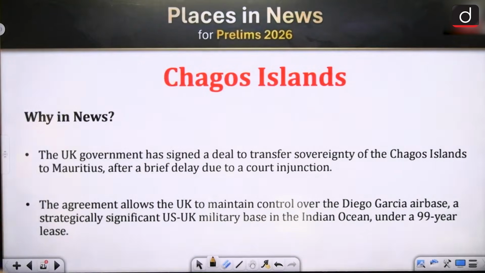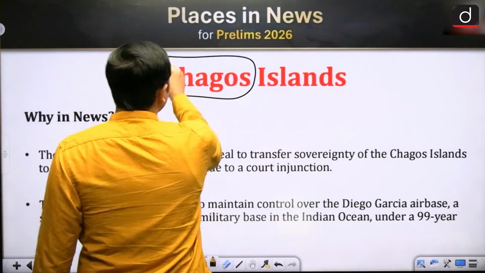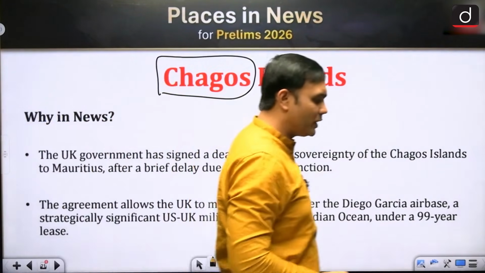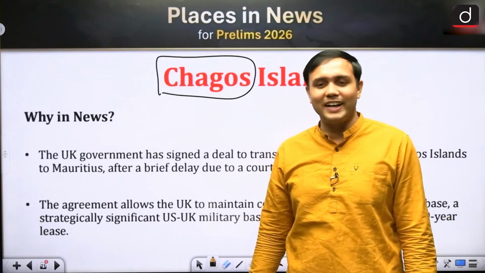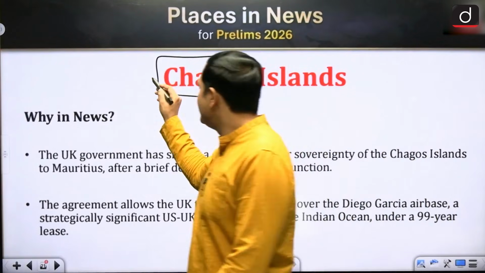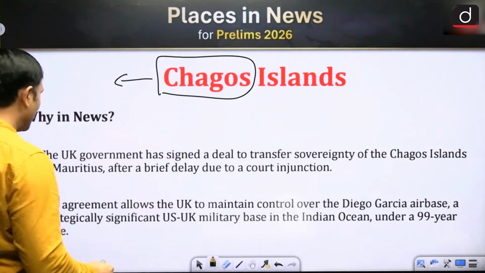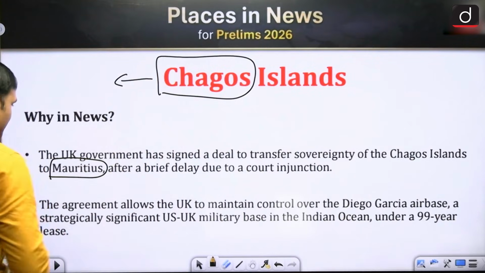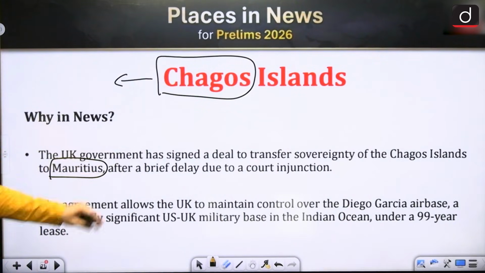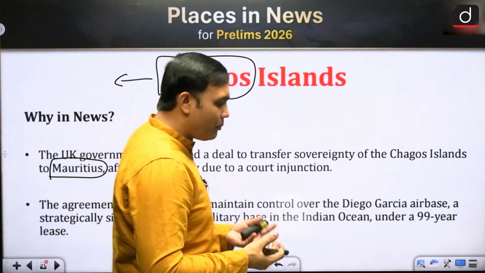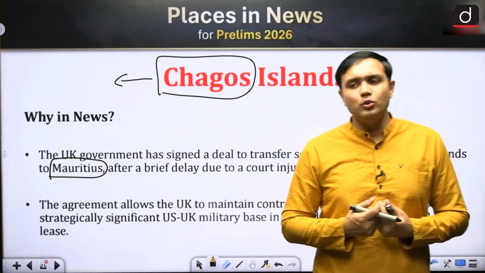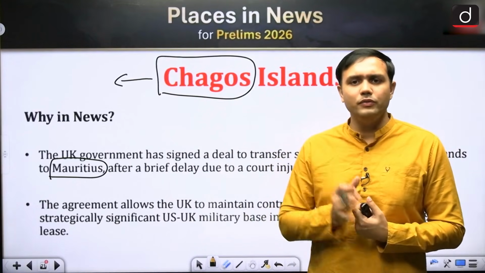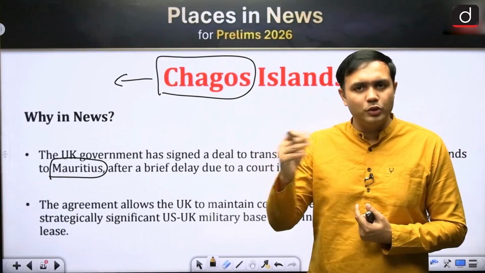Next is Chagos Islands. Now I'm hoping that you know that this particular Chagos Island is again in news after Trump's outburst, right? And so this is part of which country? Mauritius, right? Now, there is an important historical phenomena attached to it. At first it was a French colony, then it got transferred to the British.